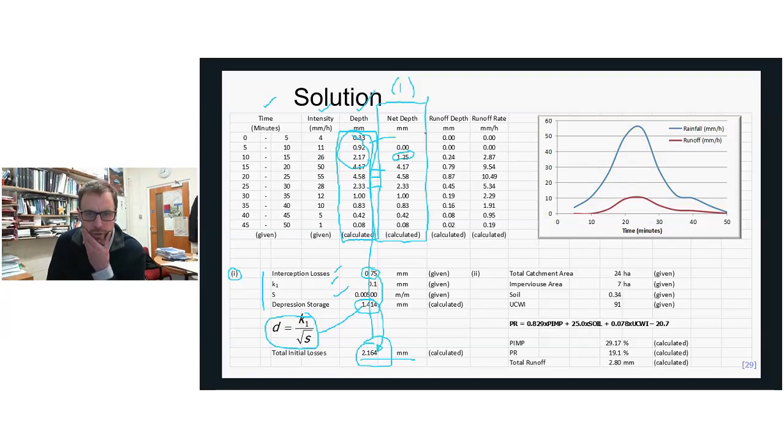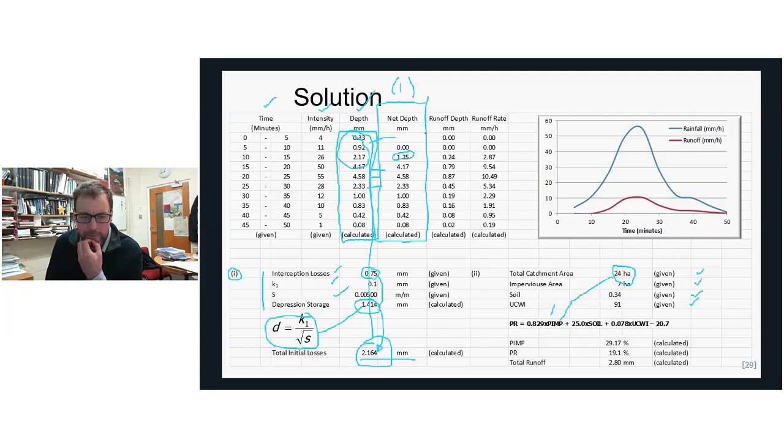Now question 2, part 2 is about what we're doing here, we're going to calculate PR. So we're given total catchment area, we're given the impervious catchment area, we're given the soil index, and we're given the urban catchment index. Using these two, we can calculate the percentage impermeable.